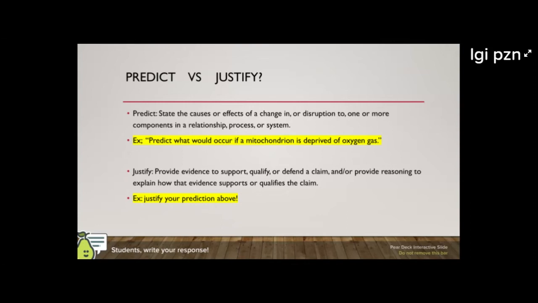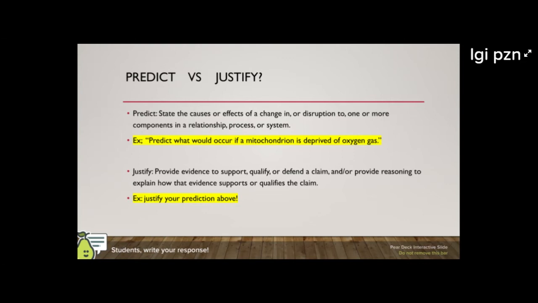A lot of students get the order to predict, and instead of predicting, they start to explain, and they don't predict anything. So make sure that you give a prediction if they ask you for a prediction. And usually with predictions, they'll take lots of different answers as long as you can justify it. Okay.